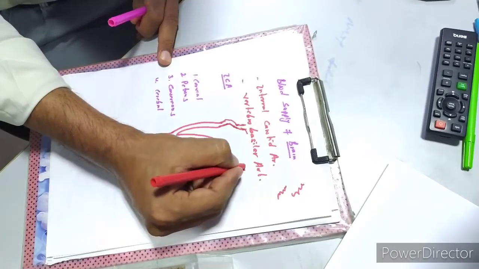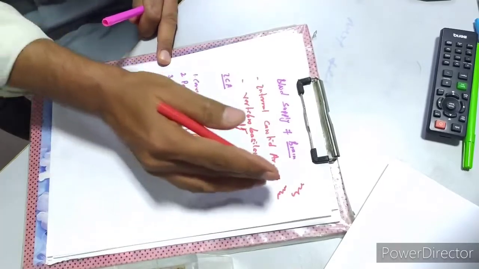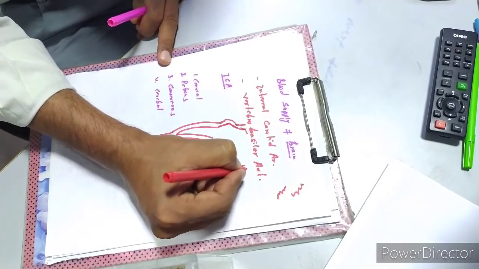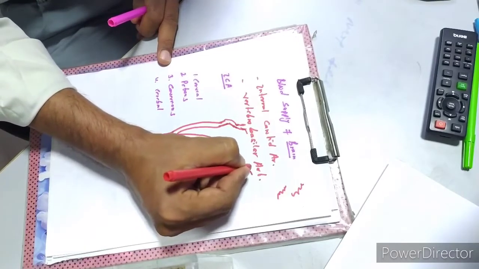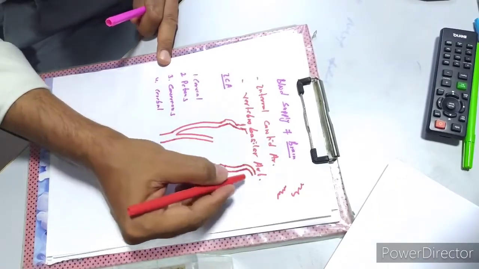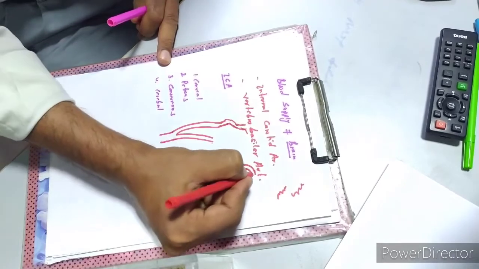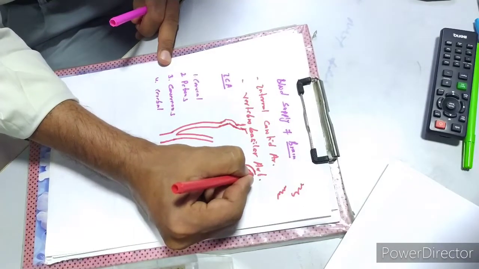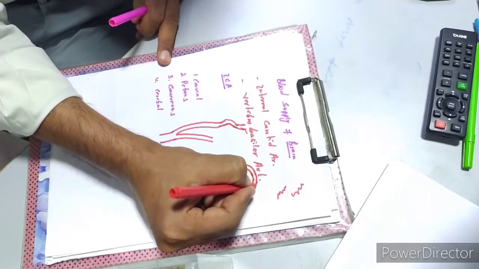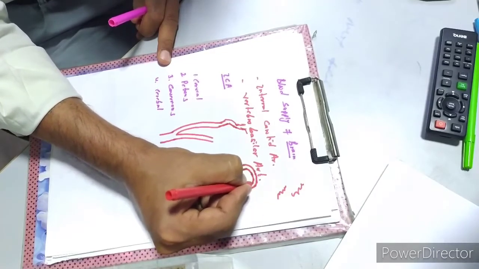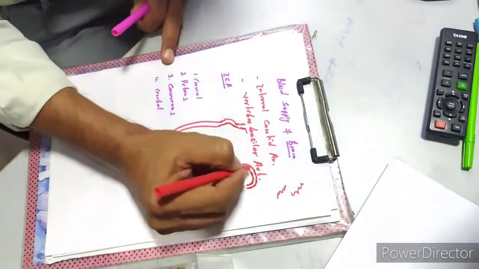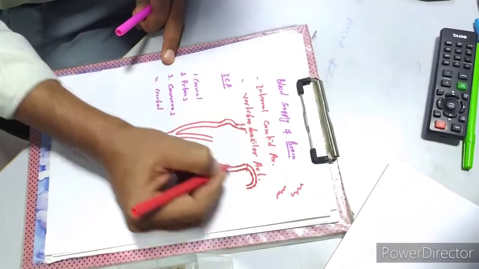Then it reaches the anterior end of the cavernous sinus, and then this artery ascends upward by the side of the optic chiasma and the anterior clinoid process, and then it pierces the dura mater, enters into the subarachnoid space and then moves slightly posteriorly. Clear? So this is the whole cerebral part.